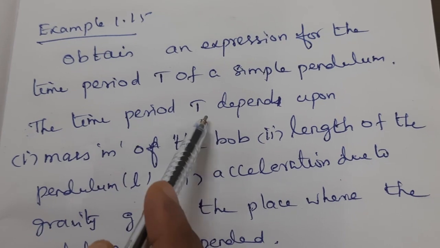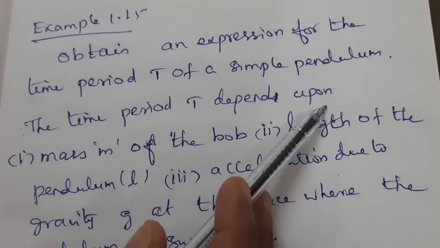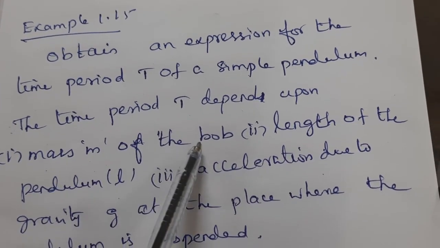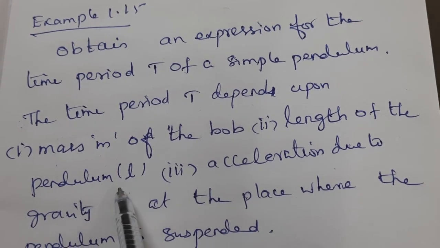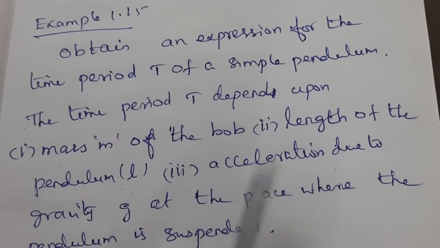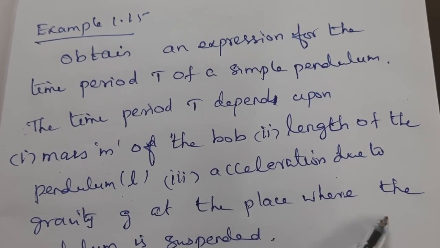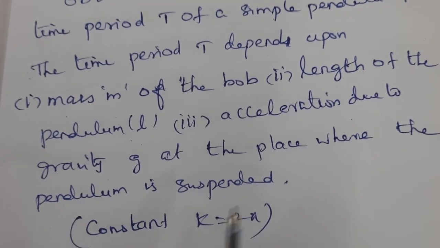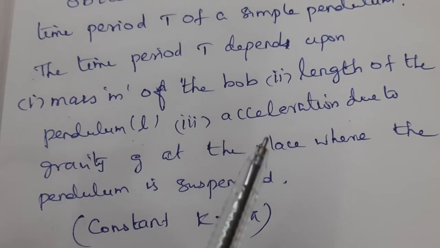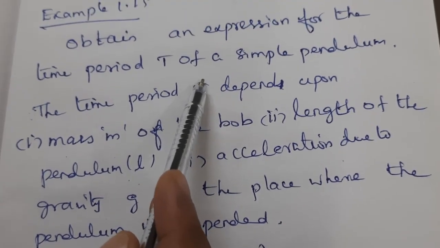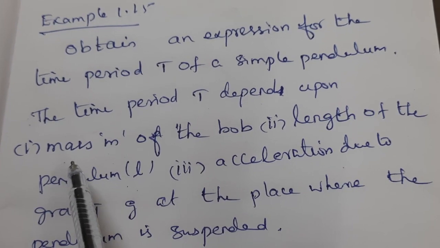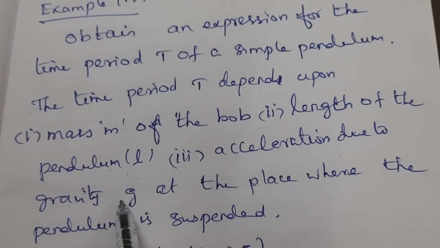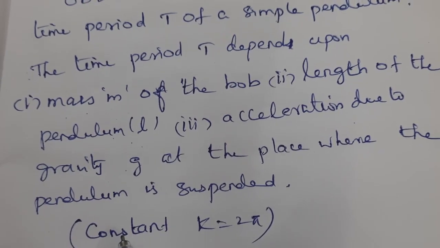The time period T depends upon mass m of the bob, length of the pendulum L, acceleration due to gravity g at the place where the pendulum is suspended, and the given constant k is equal to 2 pi. So we have to find out the formula for time period of a simple pendulum. Also the value of k is given.